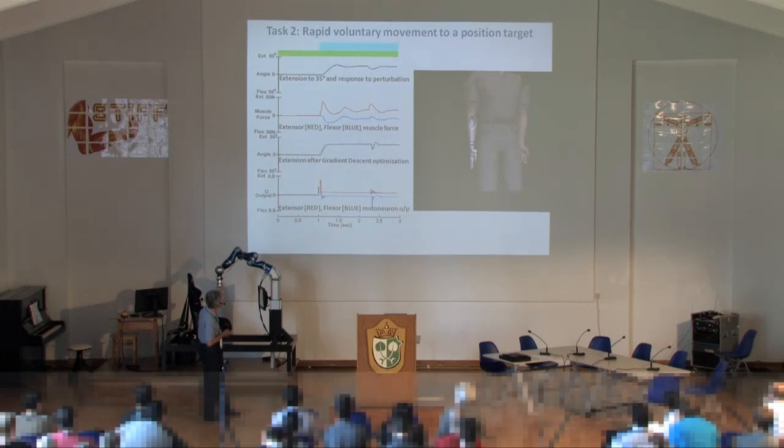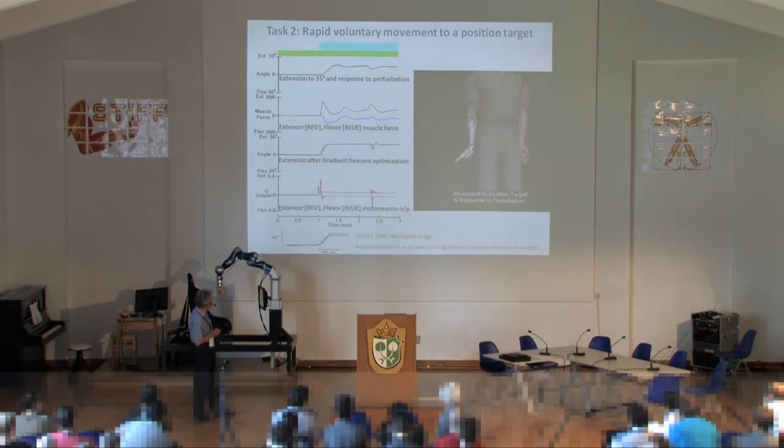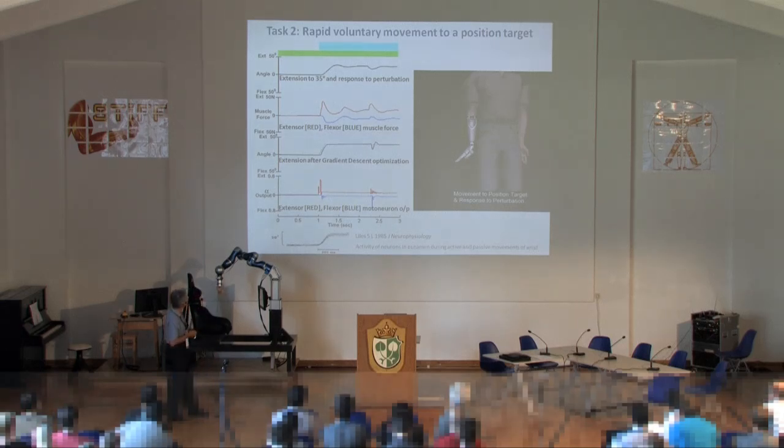And again, the behavioral response of the system is a nice, crisp joint angle change and a response to perturbation that looks very satisfying. And the speeds and stability are about comparable to a human asked to make exactly that sort of movement.